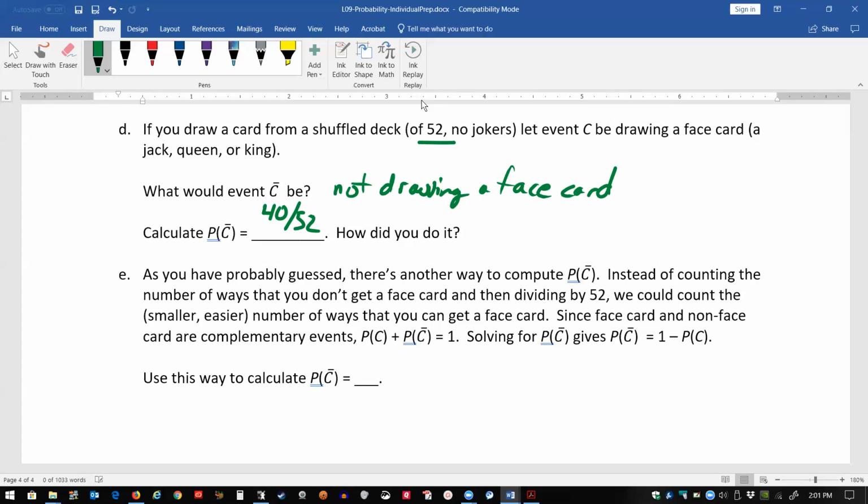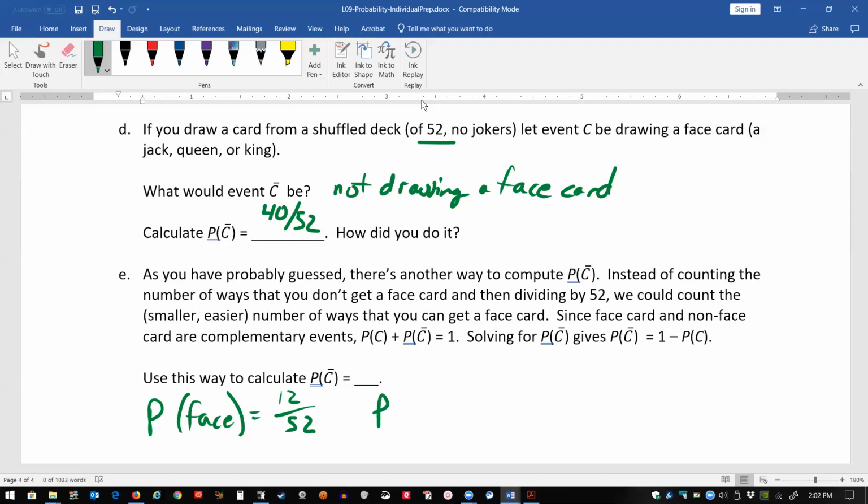Nice. Now on E, it's letting us know, well, rather than computing that complement directly, I could have just computed the probability of drawing a face card first, which I knew there's 12 face cards, right? 3 in each of 4 suits. So I have 12 out of 52 as that probability.